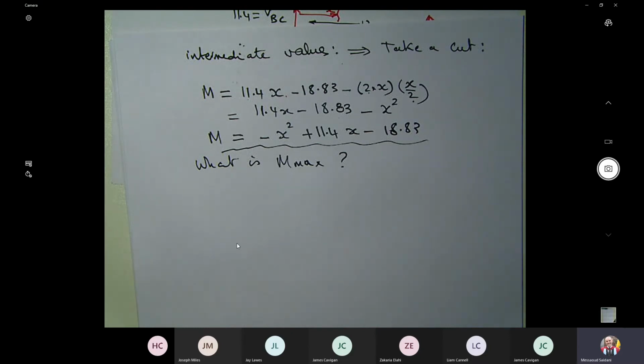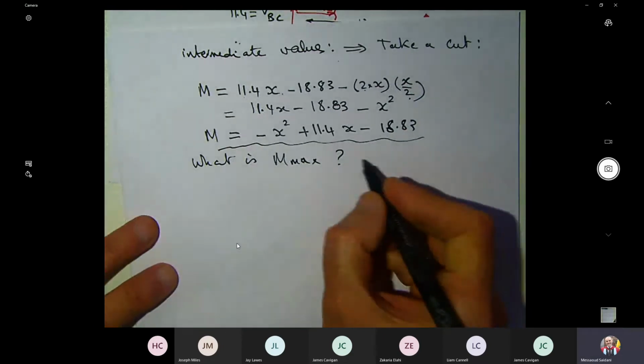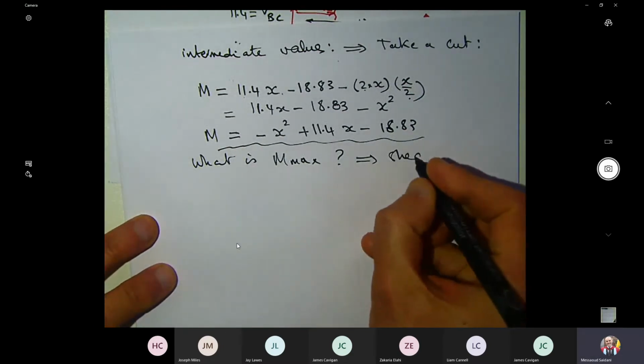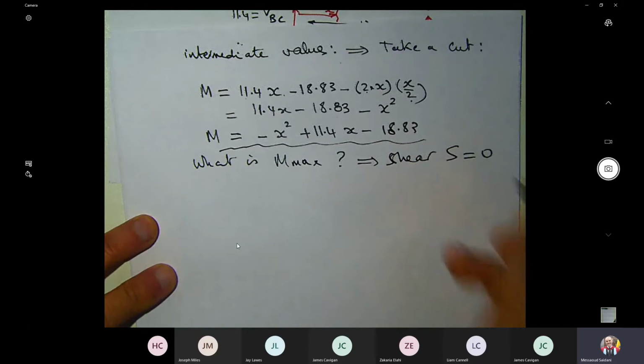Because if you remember what we said last week, the relationship between moment and shear is that if you differentiate the moment, you get shear. So from a purely mathematical standpoint, the maximum moment corresponds to 0 shear. So when the shear is 0, you've got maximum moment. So that corresponds to the shear S being 0.